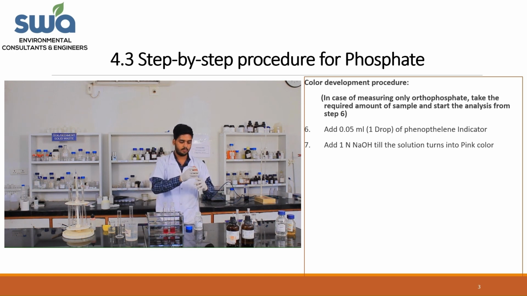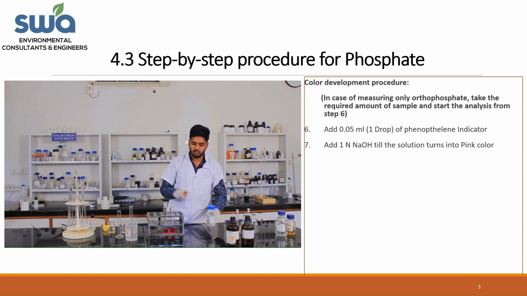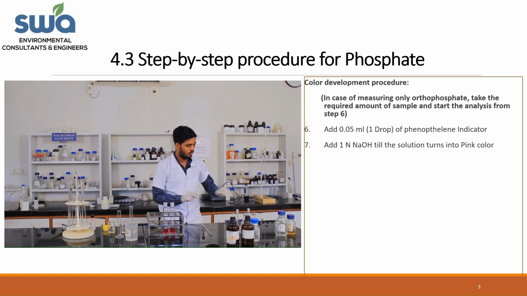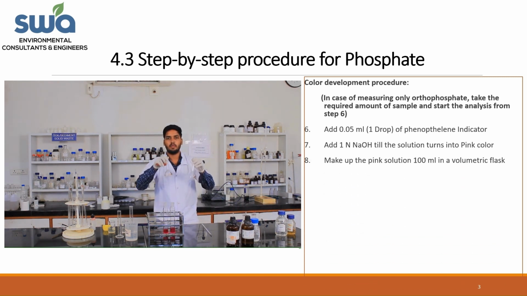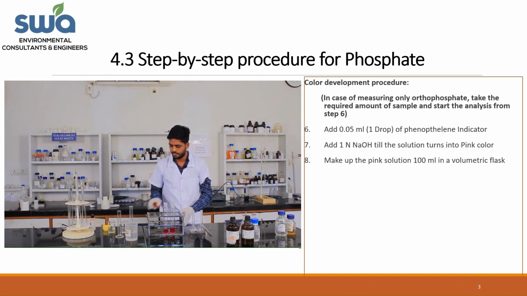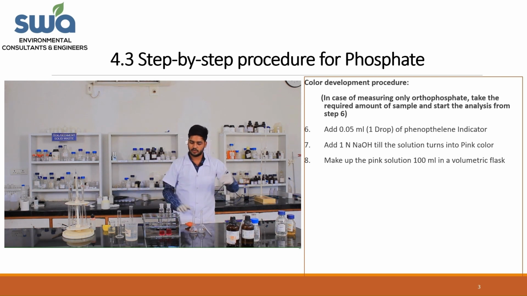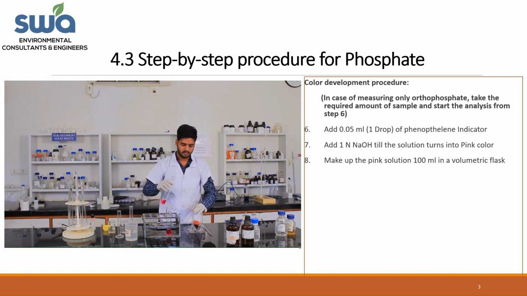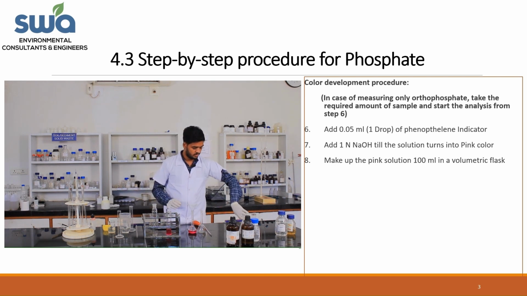Now in the next step, we will transfer both solutions into volumetric flasks and make up to 100 ml. So we will take this funnel and add this solution. Wash the digestion tube with distilled water. Use another funnel for the other sample.